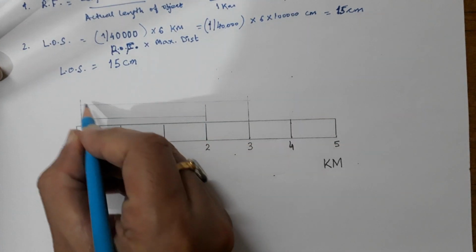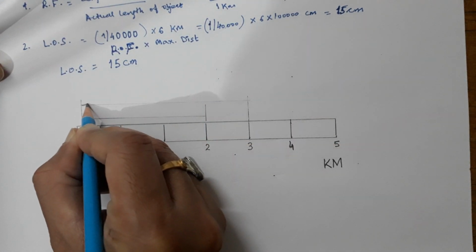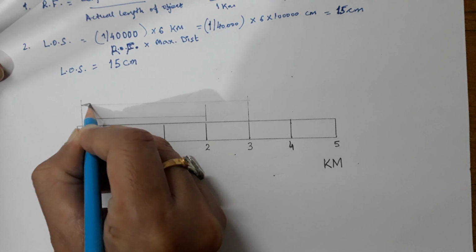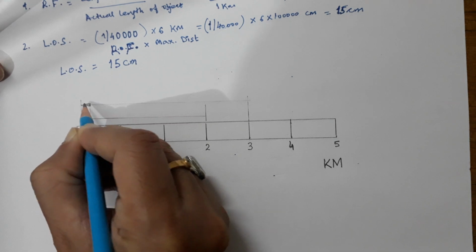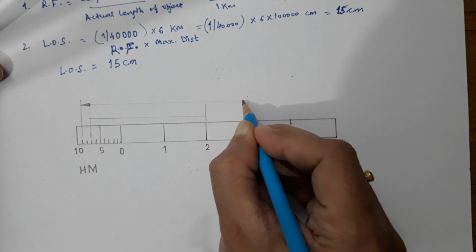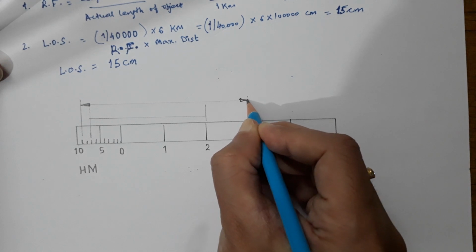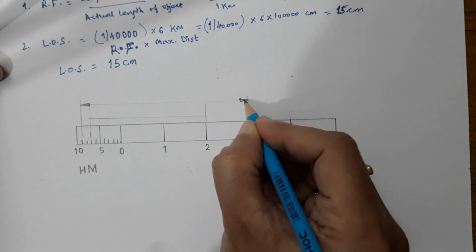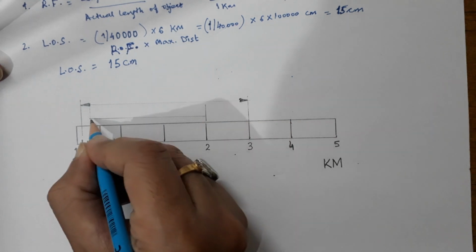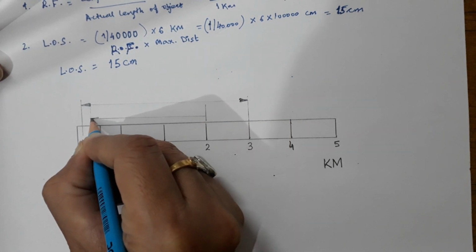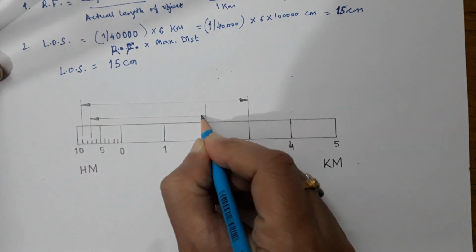Now you can draw the arrowheads, 3:1 ratio. This can be done only if you practice it.